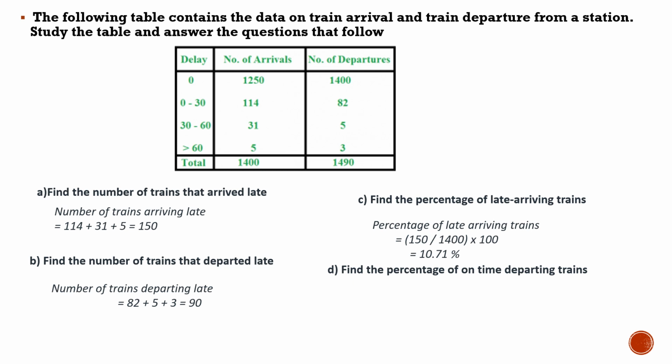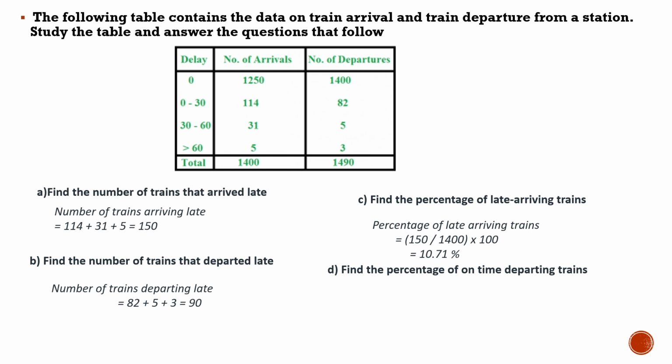Find the percentage of on-time departing trains. Now the total number of trains which departed on time. So under number of departed, the first row, that is delayed by 0 minutes, will be considered, those trains which departed on time.